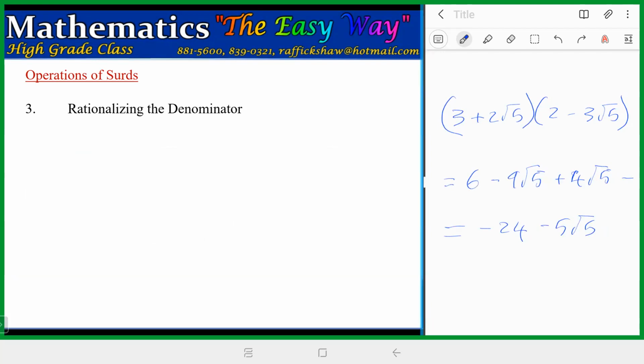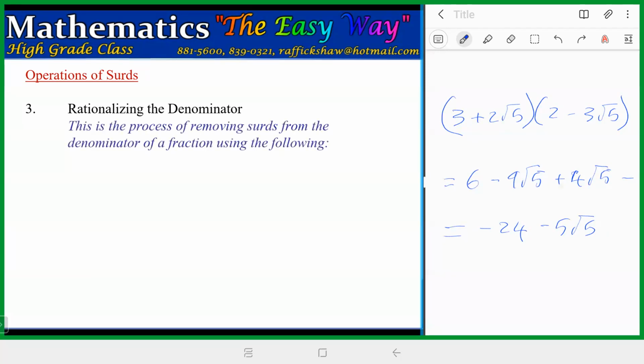Rationalizing the denominator. This is the one that you will more likely be asked to do on an exam paper. As I said, do it by hand as well, because you have a calculator that can do these things for you, so you can check. All right. This is a process of removing surds from the denominator of a fraction using the following.